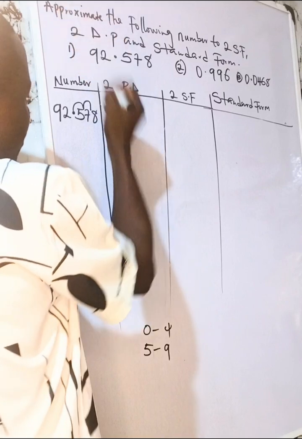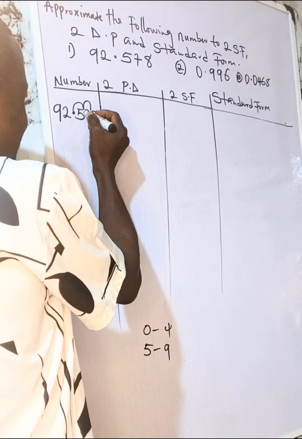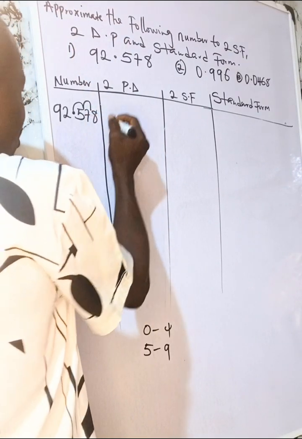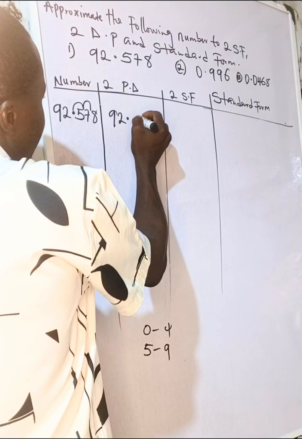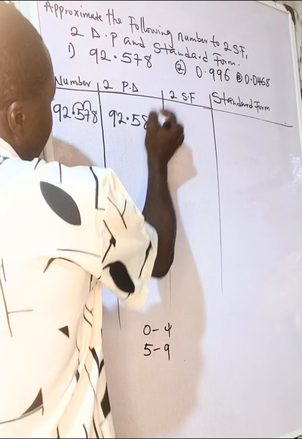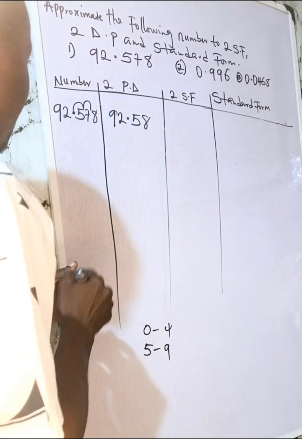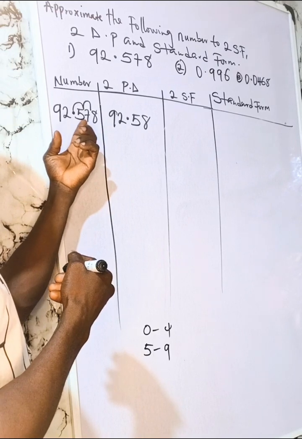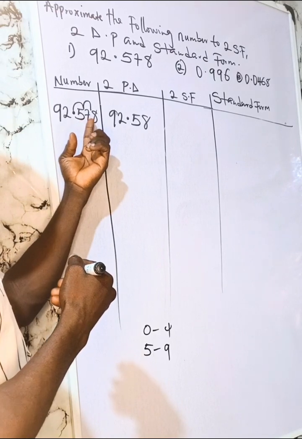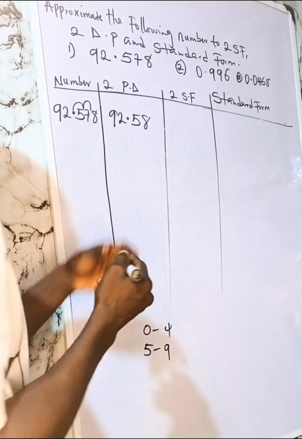So I will call that 8 a 1 and add it to 57. It becomes 92.58. Notice that I added this number to these two digits. I didn't add to 7 alone, but I added to 57.